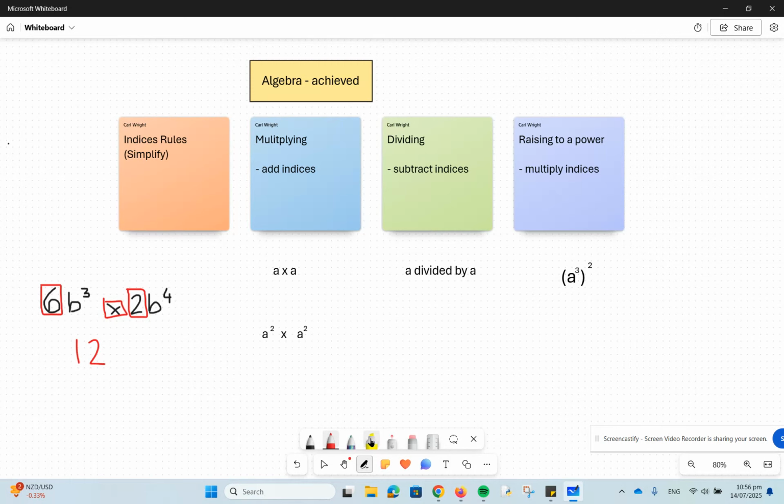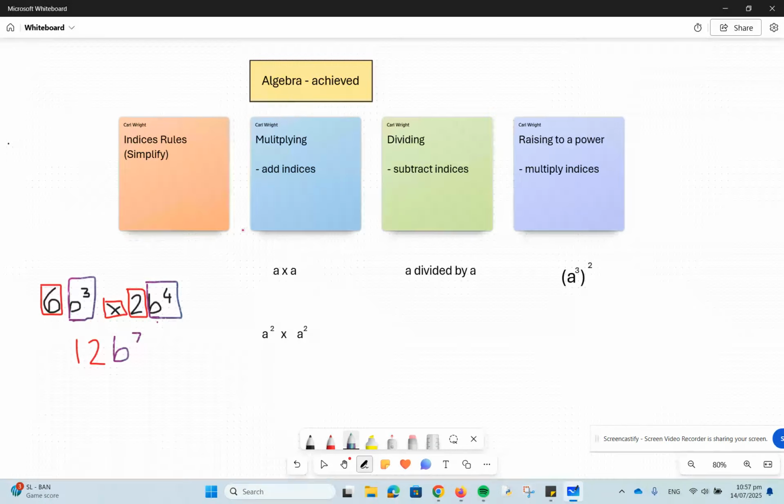Now I apply the second rule, and that is if the bases are the same, b's, they're both b's, I add the indices. So b to the power of 3 and b to the power of 4 is going to be b to the 3 plus 4, which means there's 7 of them. So I've added the indices because they're both b's, and I can use the first rule.